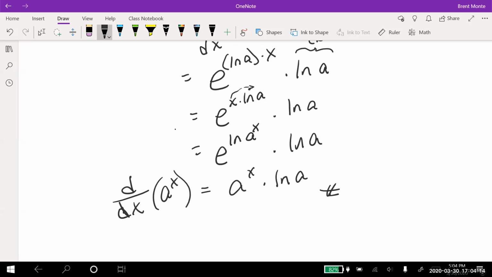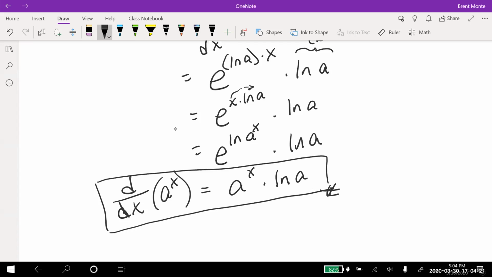What I want you to get out of here is that the derivative of a to the x, where a is any base, remember the base has to be a positive number, can't be equal to 1, but for any number a that satisfies those requirements, the derivative of a to the x is always the same a to the x you start with times the ln of a. Okay, so that's the derivative of a to the x.